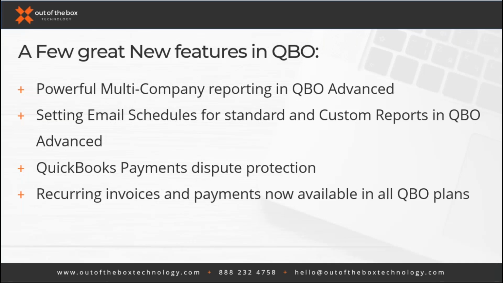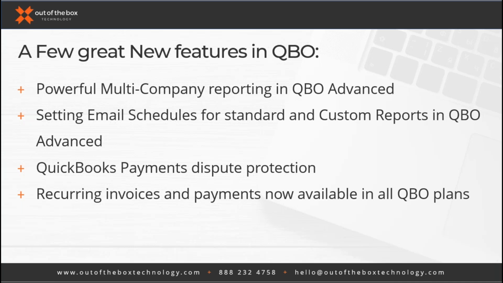So a couple of things I just wanted to point out to spark your interest in today's information. Some of the new features, just a few of them, not all of them, in QBO. There's a new powerful multi-company reporting in QBO Advanced, for those people who have more than one company on QBO, and now we can actually do more consolidated reports. We'll get into more details here in a little bit.